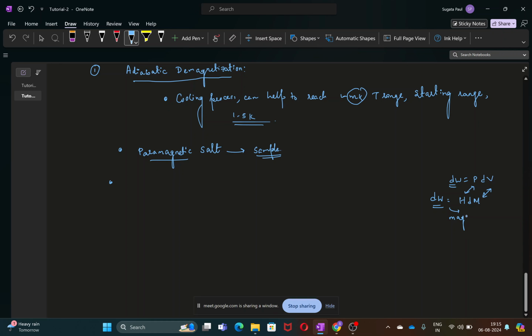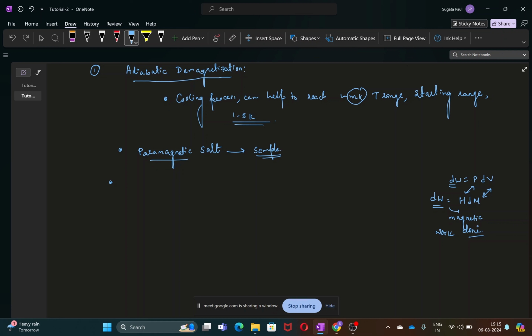Here H is the magnetic field and M is the magnetization of the material. So this is the magnetic work done.